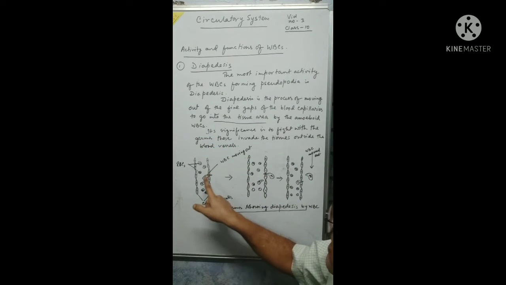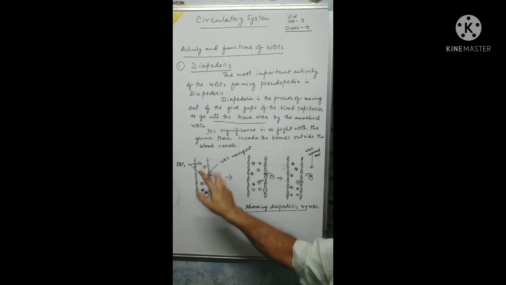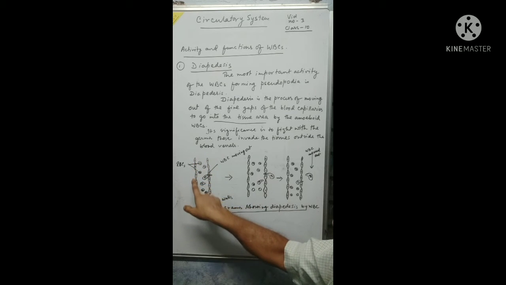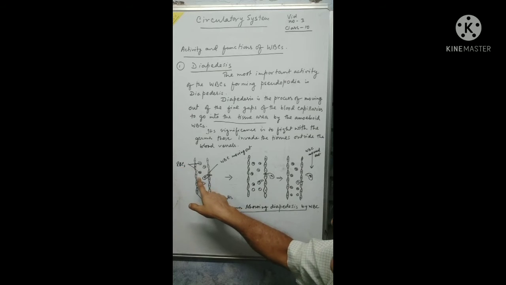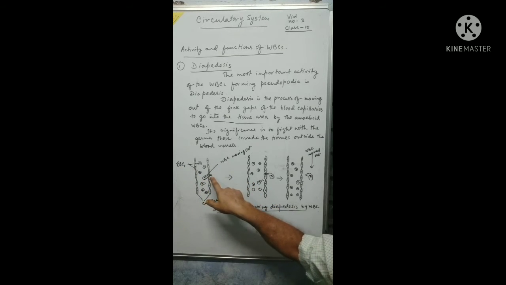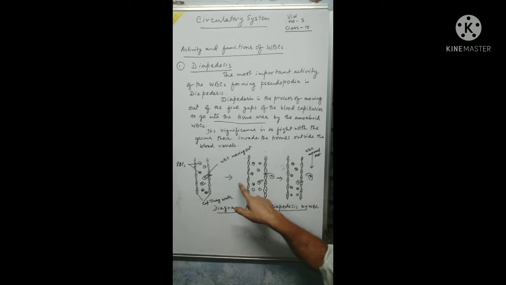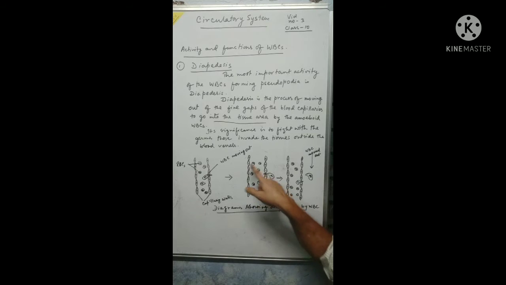You see, this is the capillary wall, made of single-cell squamous epithelial cells. These are the RBCs, and these are two WBCs shown here. The WBC is making fine pseudopodia here and trying to come out. In the next stage, the RBCs are inactive. RBCs cannot move because they cannot make pseudopodia.